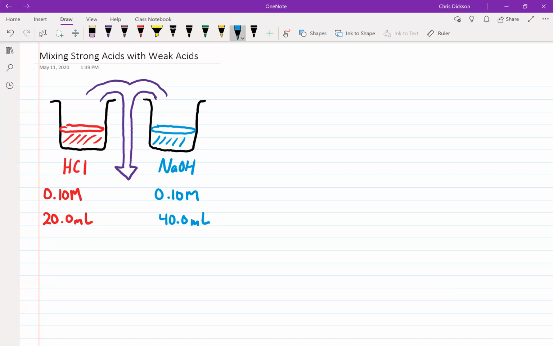Let's give you a starting point so you get a sense of what the initial pHs of these things would be. The base, NaOH, is considered a strong base. It dissociates 100%. So you would get sodium ions and hydroxide ions, and the hydroxide ion concentration would be 0.1 molar. We could easily find the pOH of that chemical, which would be the negative log of that number.